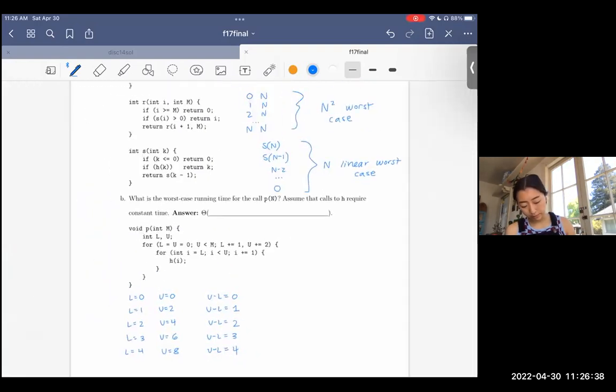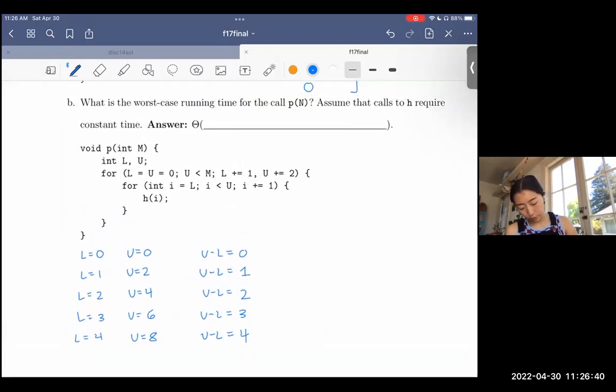Okay. And when does it finally end? Well, it's going to end when U is equal to N, or almost equal, right? We're going to stop right before this point, which means L, which has been incrementing half as quickly, would be N over 2. And then the difference would be N over 2.